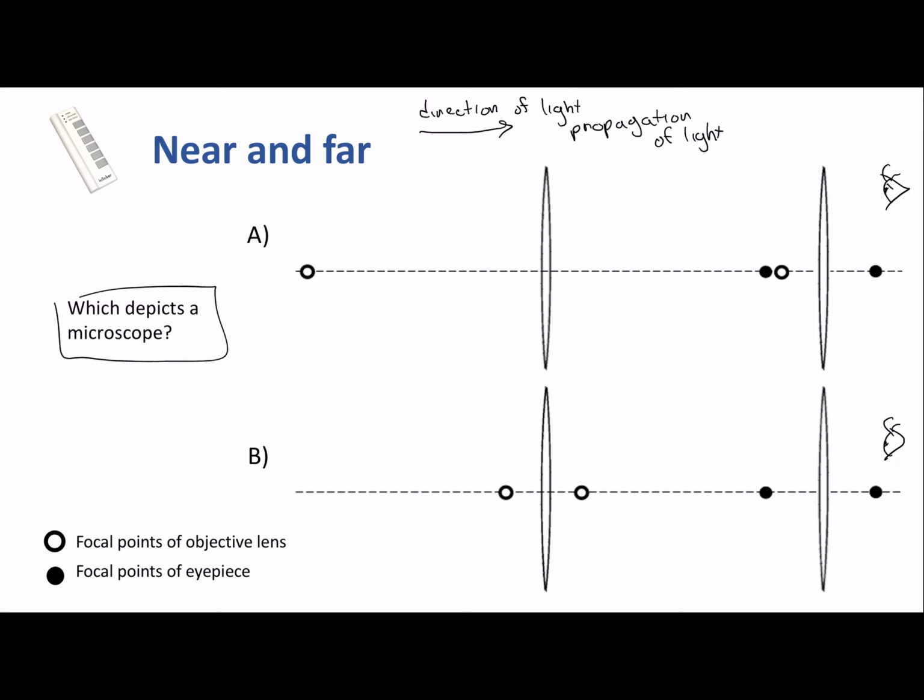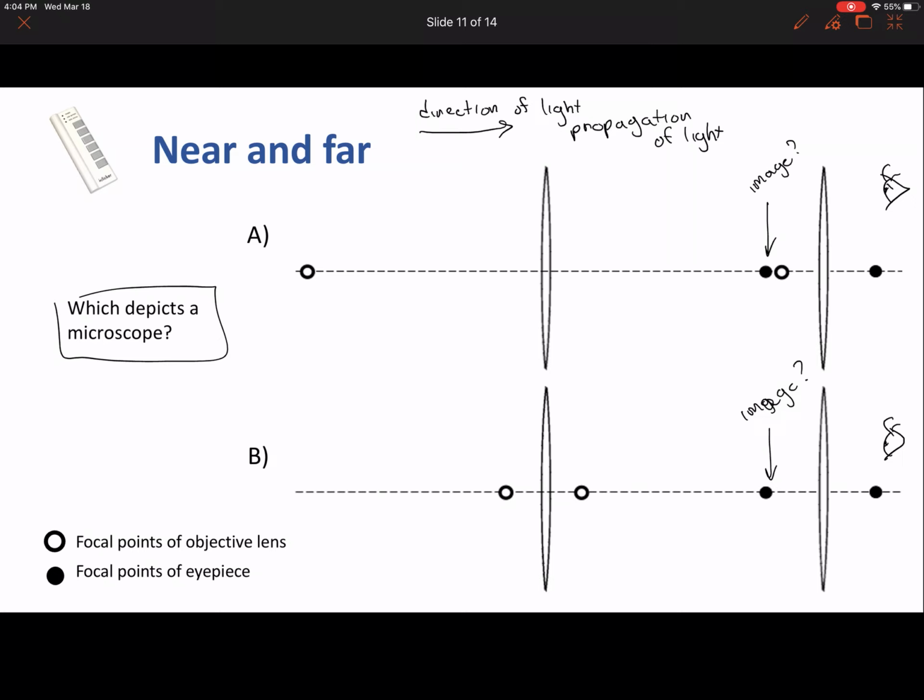That is the magnifying glass. So in both cases, I'm going to want an image somewhere around there. In order for the eyepiece to function properly, just like a magnifying glass, I need an object. It's the image of the first lens.